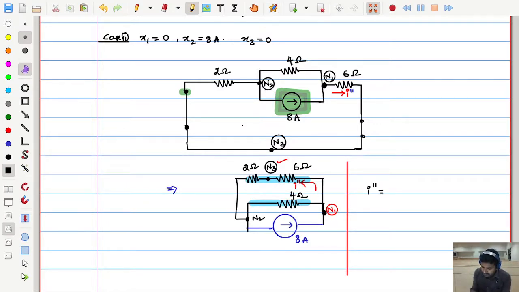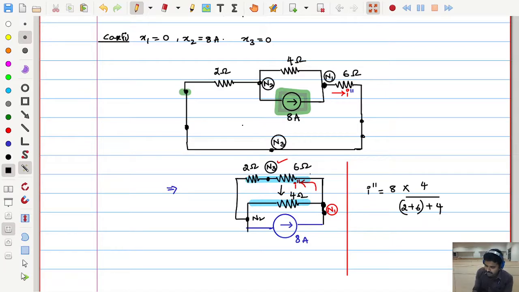The net current coming at this junction is 8. Total current is 8, into which current do I need? This 6 ohm current. For this parallel branch, 2 and 6 together, the opposite resistance is 4. So 2 plus 6 is one resistance and 4 is another resistance.